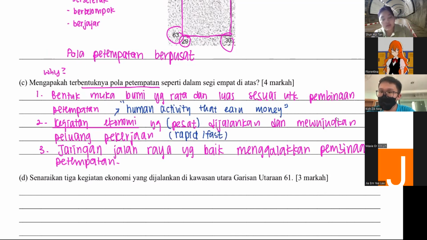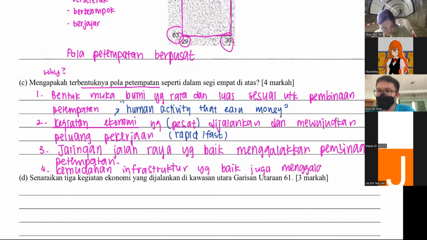Now, and one more point, you can also tell that here got a lot of kemudahan. So you can say, selain itu, kemudahan infrastruktur yang baik juga menggalakkan pembinaan pertempatan.